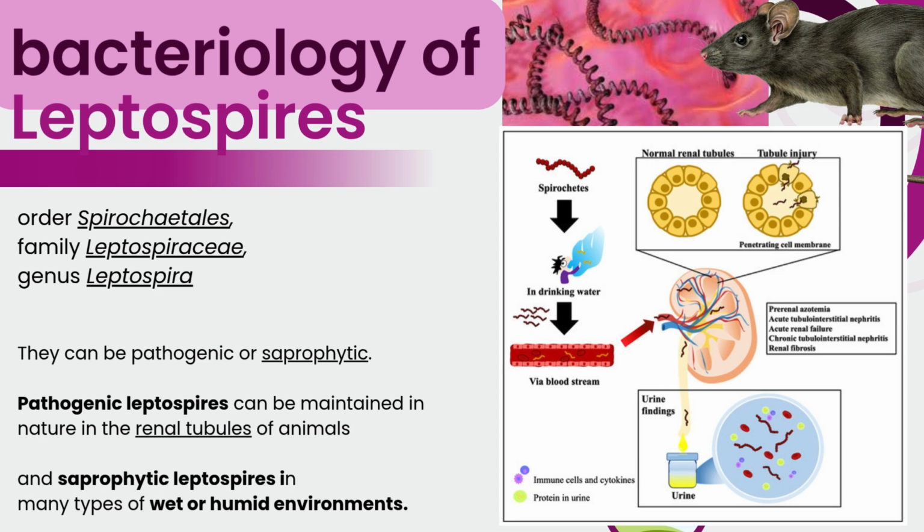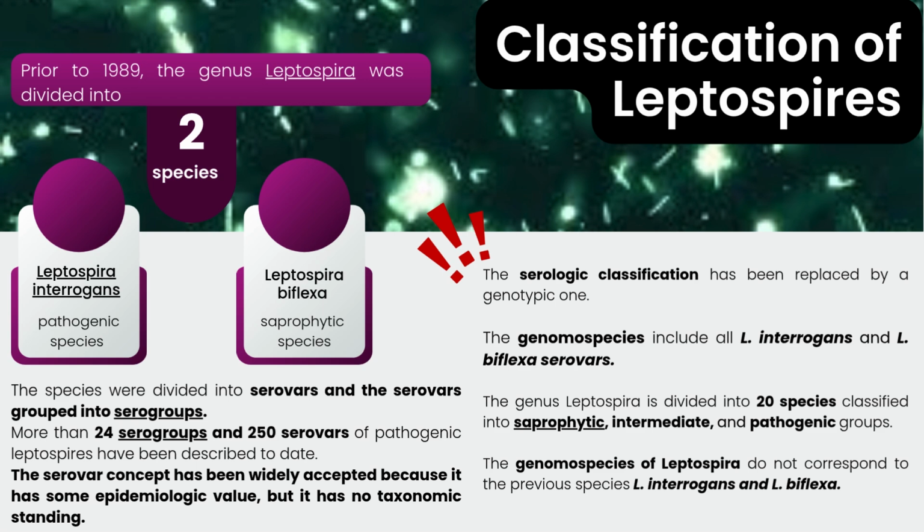Pathogenic leptospires have a unique ability to persist in the renal tubules of animals, making them a continual source of infection. On the flip side, saprophytic leptospires thrive in wet or humid environments, contributing to their widespread nature. Guys, remember, understanding these fundamental characteristics helps us appreciate the complexity and adaptability of these bacteria in different environments.